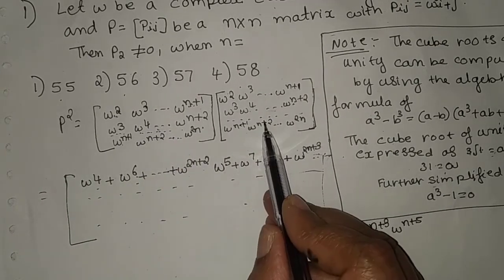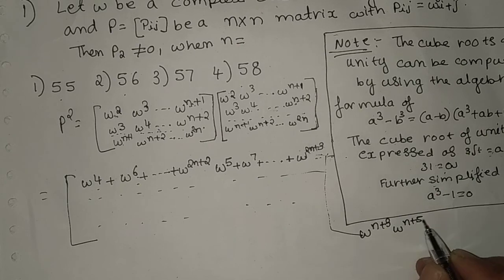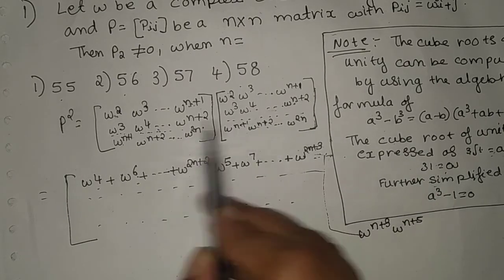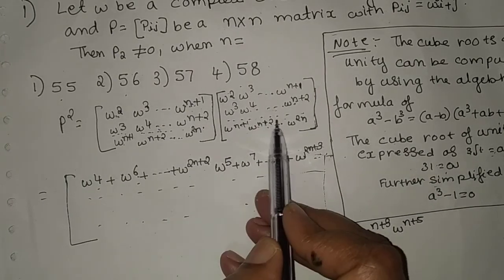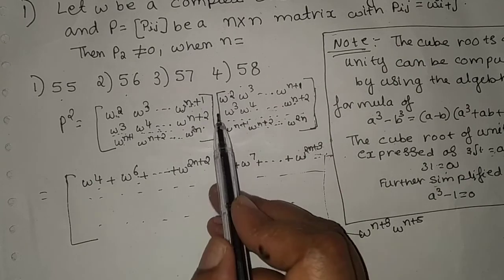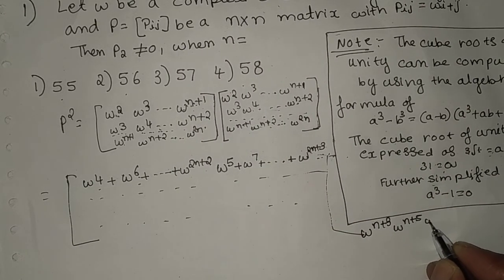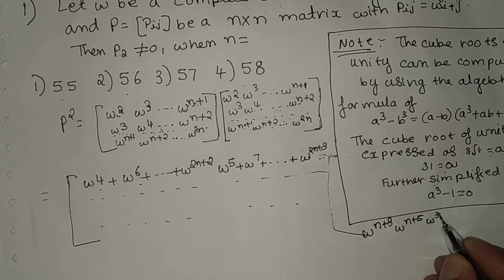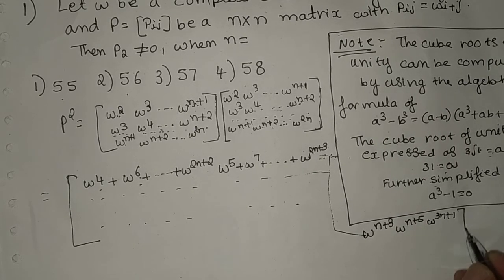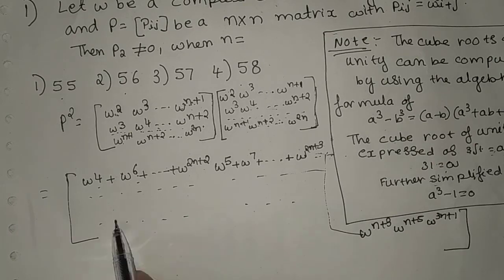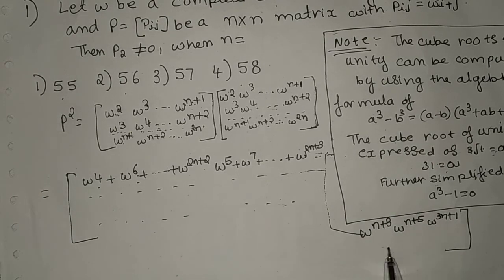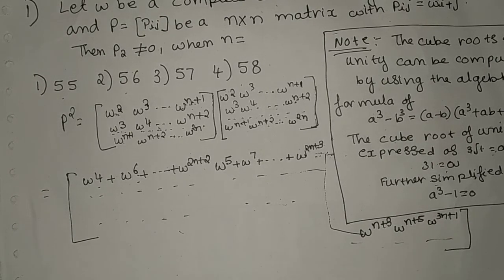Similarly, 3 plus this one will become n plus 5. Then this will become w^(3n+1). So this completes. Next, leave blanks for all this, just write dash dash.